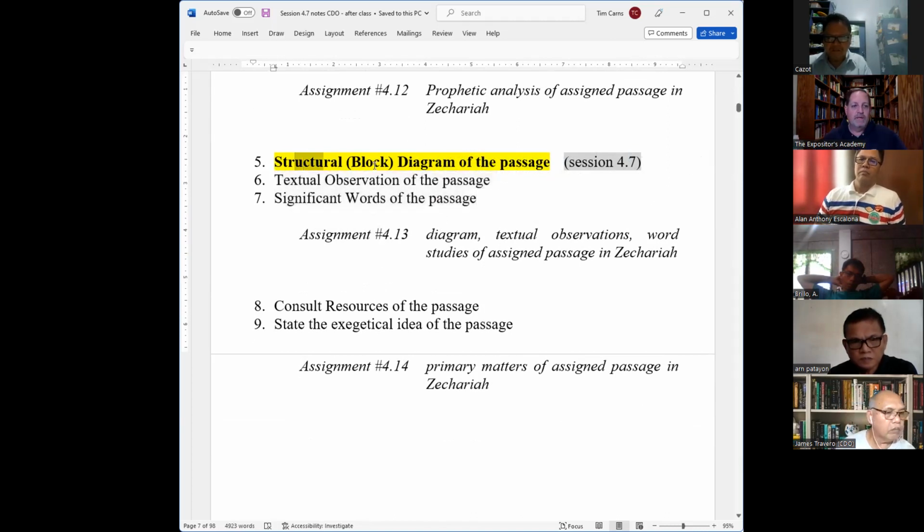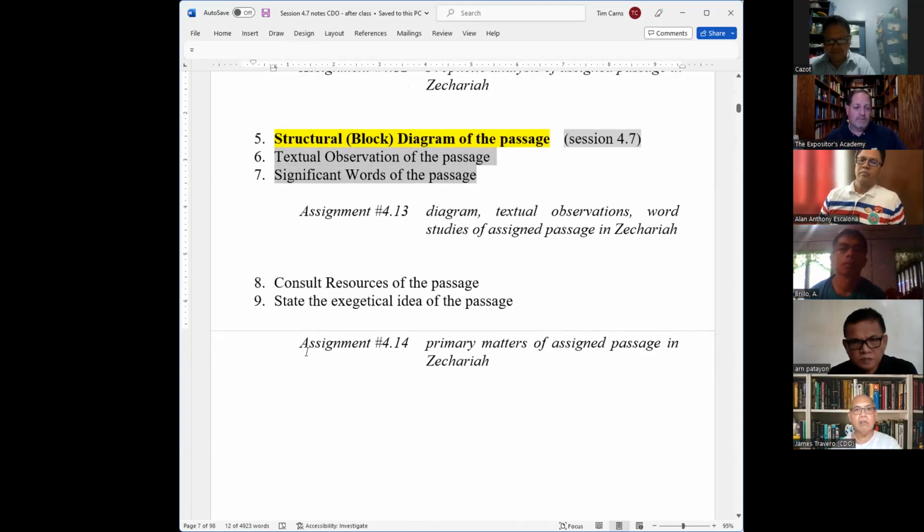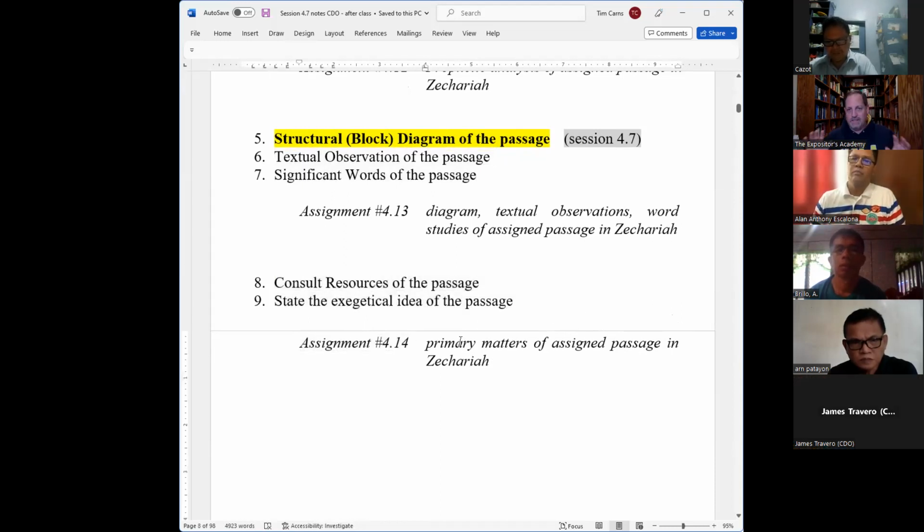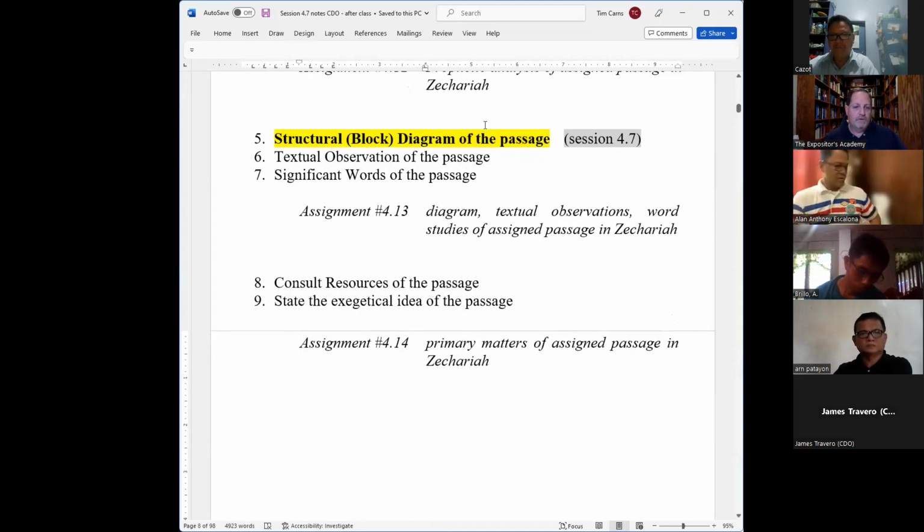The diagram will be sort of like narrative; we'll pick certain parts of the passage to diagram, but the observations and word studies will be the same as before. Then the next assignment, 4.14, covers the resources and the exegetical idea, again the same steps we've done before. Nothing new.